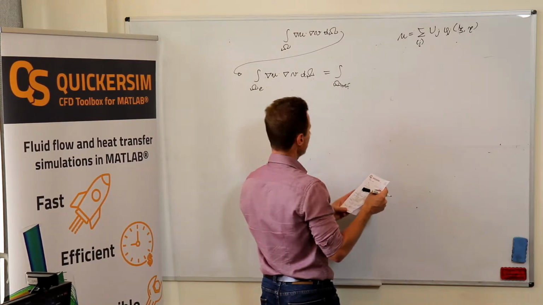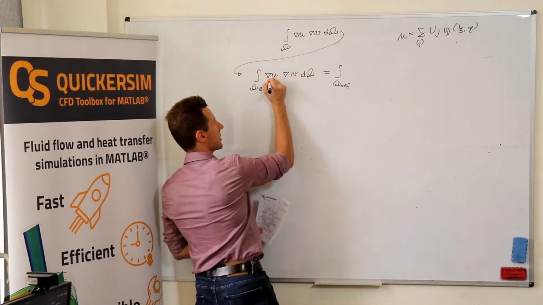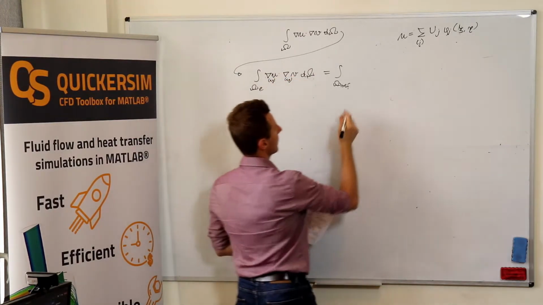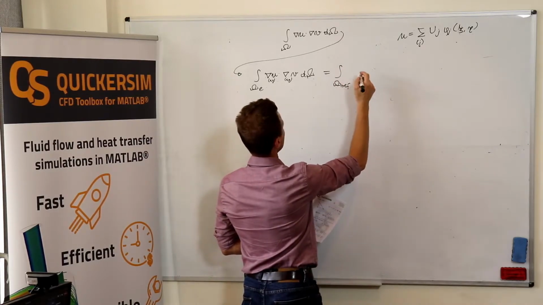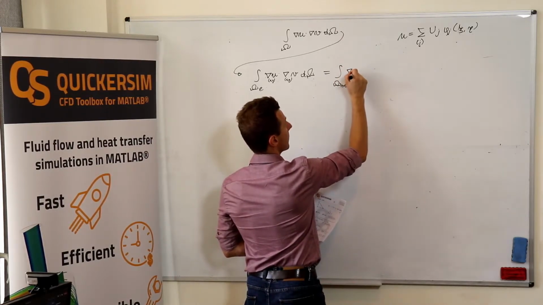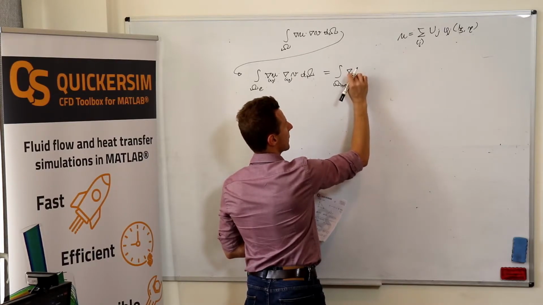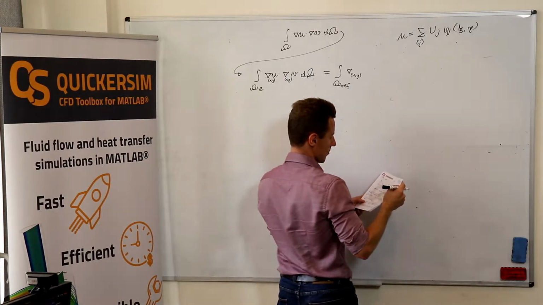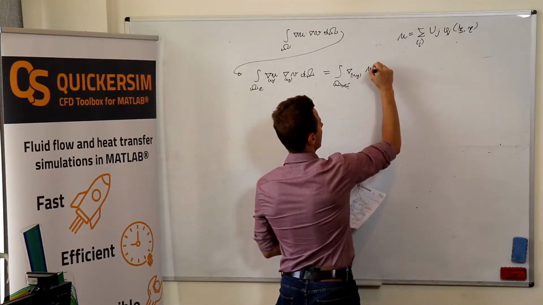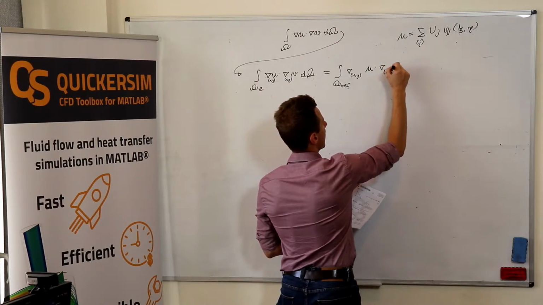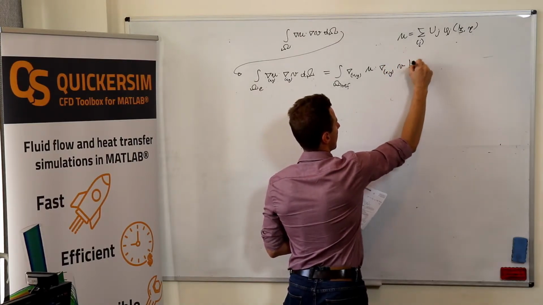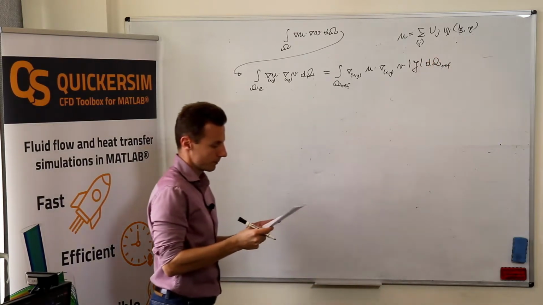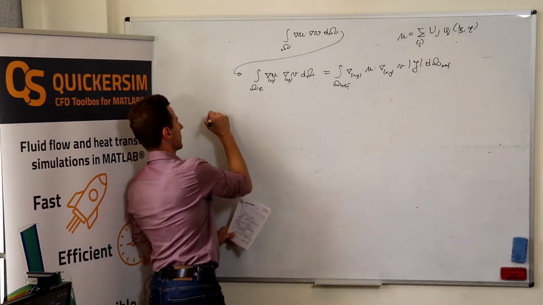So we can write the gradient with respect to x, y, and we want to calculate in the reference domain, but still the gradients must be with respect to x and y, times the Jacobian. And now let's write it.